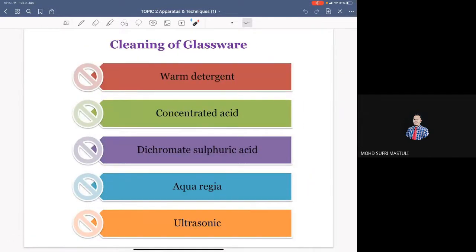So, how to clean the glassware, either volumetric glassware or non-volumetric glassware? We use warm detergent. We can use concentrated acid. We can use dichromate sulfuric acid, aqua regia, and also the ultrasonic cleaning technique.